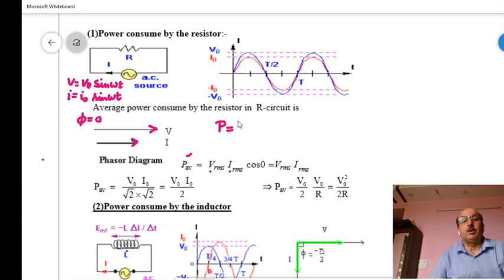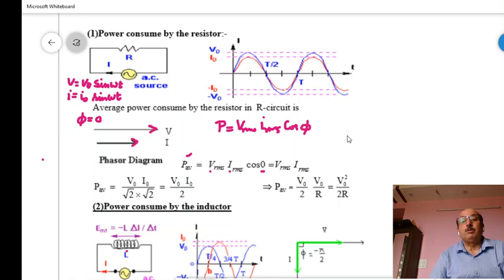P average is equal to Vrms, Irms into cos phi. As phi is equal to zero, so we are putting the value of phi as zero. So we will have P average is equal to Vrms into Irms as cos phi is equal to 1.